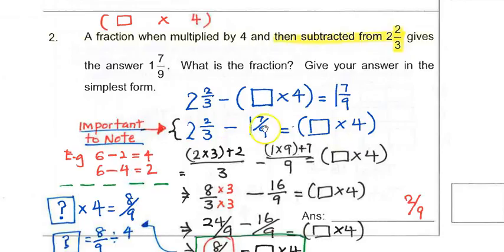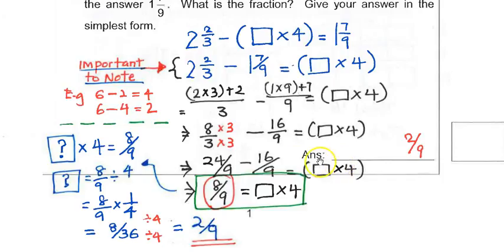Now I work out this thing over here. This one is worked out to be this. Alright, get the improper fraction, which is 8 over 3.